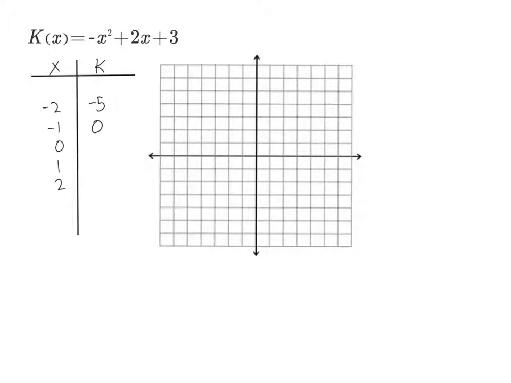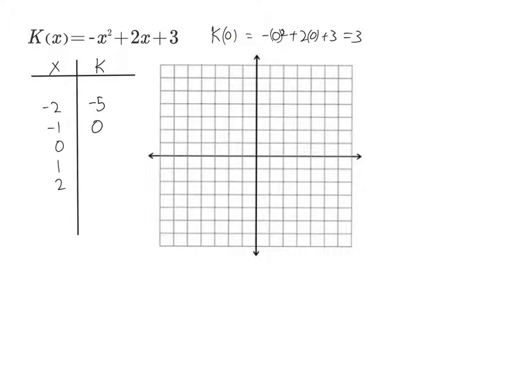Okay, now we're going to plug in 0. So 0 is easy, mainly because if I have k of 0, it is going to be negative 0 squared plus 2 times 0 plus 3. So here we got 0 plus 3, which is going to be just 3. So when I input a 0, I will get out a 3.